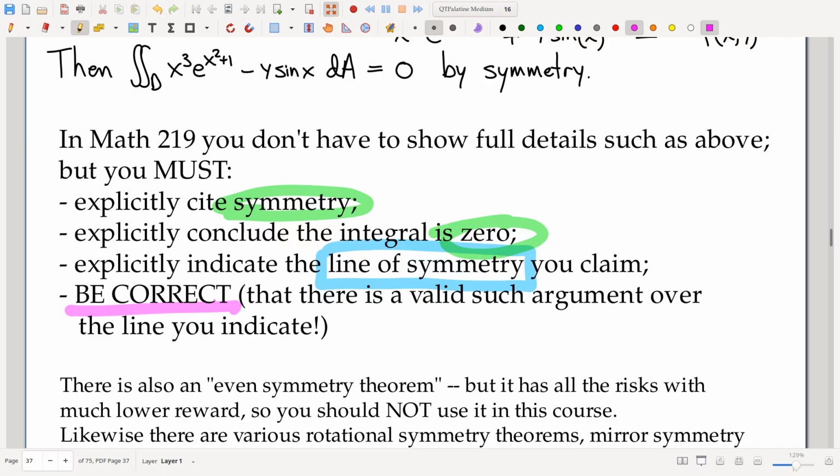But this is a dangerous point. It is sometimes the case that a student could tell me a line of symmetry and maybe the domain is symmetric over that indicated line of symmetry. But here's the problem. If you just say, oh yeah, here's a line of symmetry and my domain is symmetric, if the integrand is not odd, then that's not progress toward a solution.